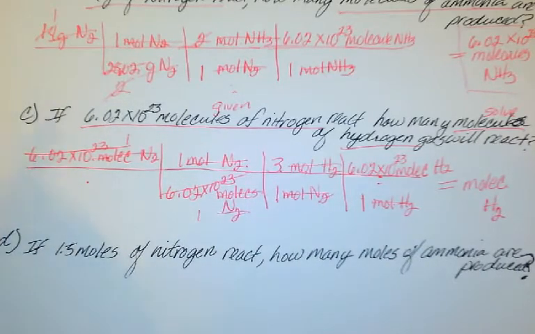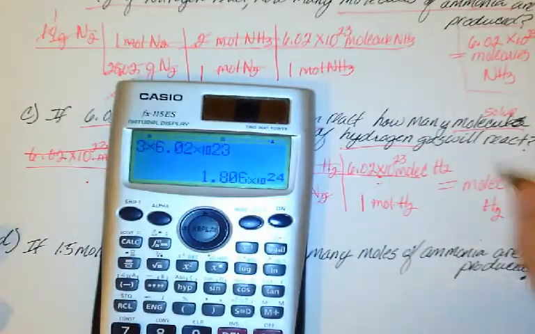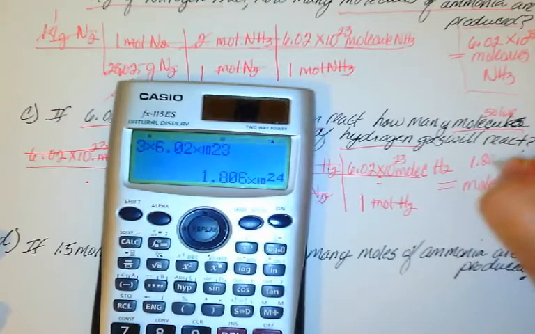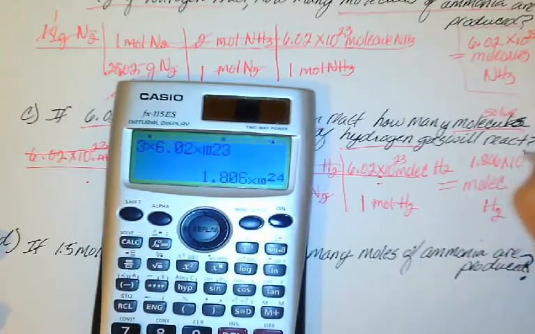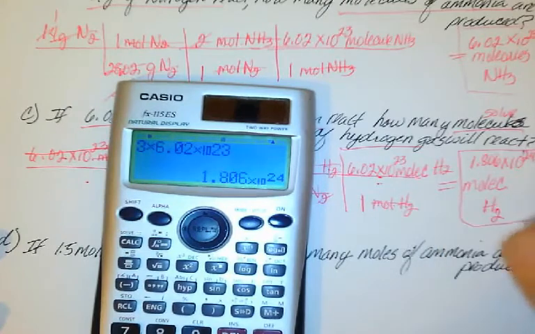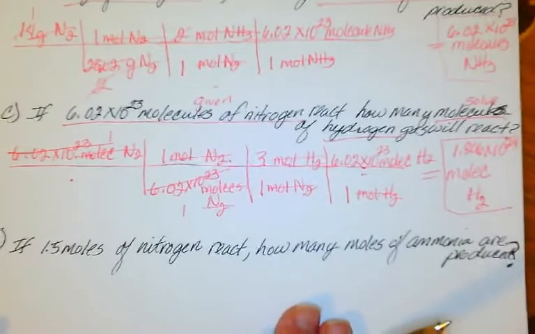So all I need to do is 3 times 6.02 times 10 to the 23rd. And I end up with an answer that is 1.806 times 10 to the 24th. Okay, and that is my final answer for part C.